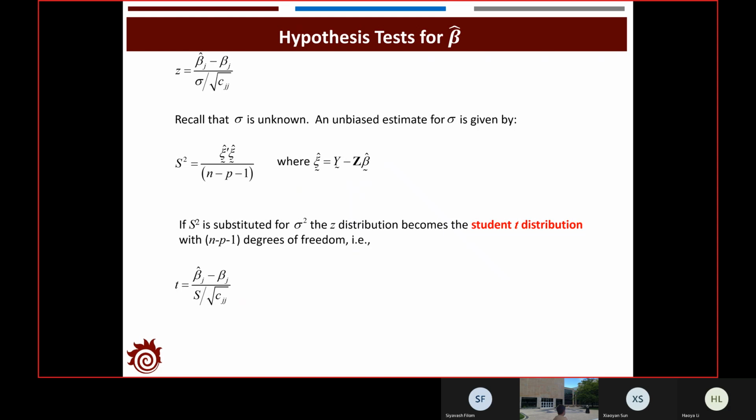With that, if you replace sigma square with S square, then the standard normal distribution will become a student t distribution with degrees of freedom n minus p minus 1. The normal distribution and the student t distribution are quite similar to each other, but not exactly the same. Usually the normal distribution is relatively smoother compared with the student t distribution.